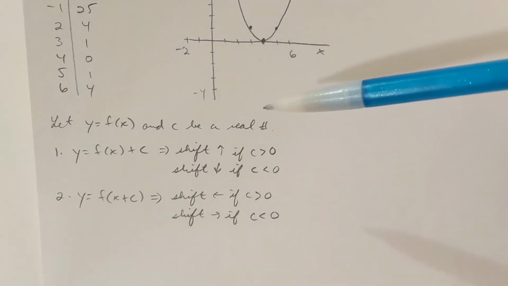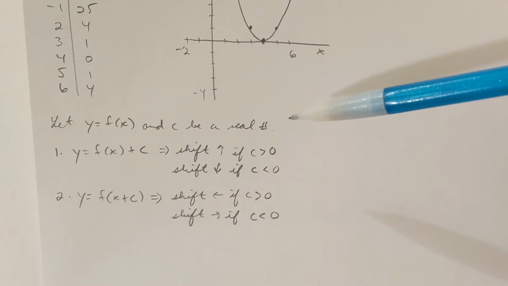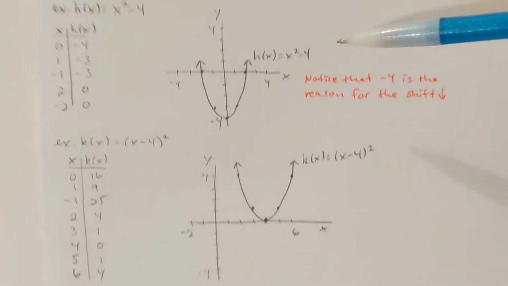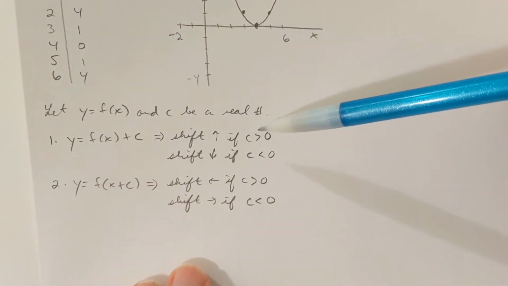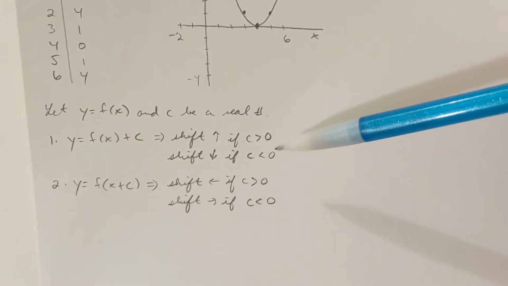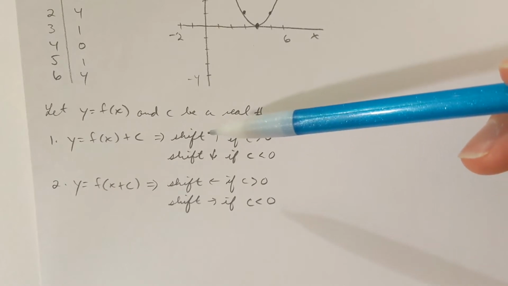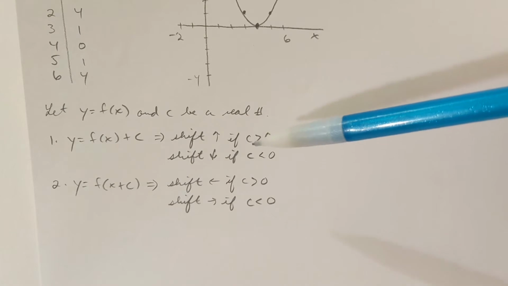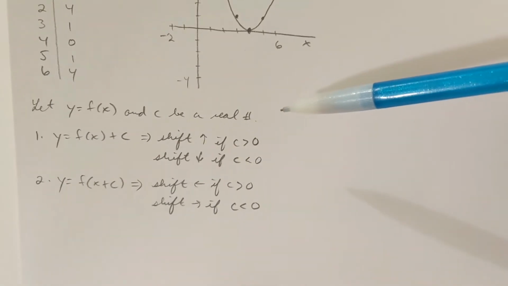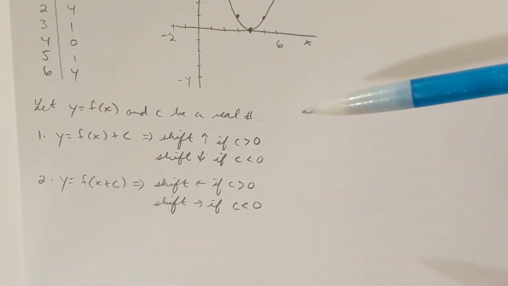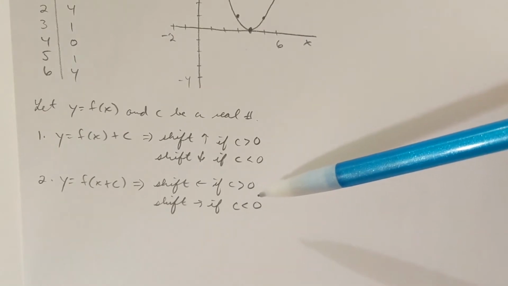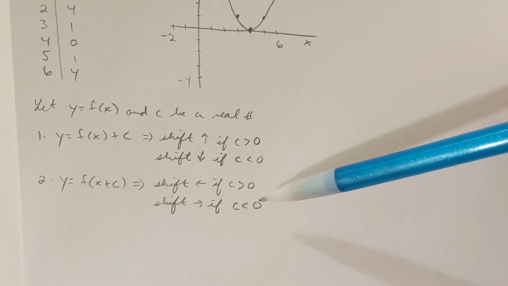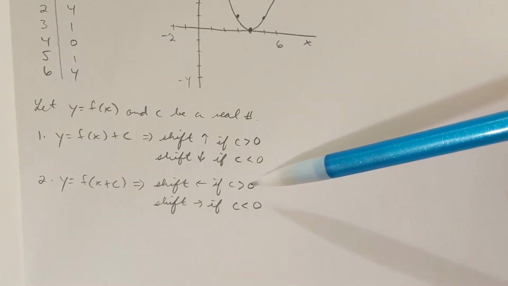Item 1, if y equals f of x plus c, like we had up here, then you're going to shift the graph up if c is positive and down if c is negative, just like we're shifting down if c is negative. Item 2, if y equals f of x plus c, quantity inside, then you're going to go to the right if c is negative, and you're going to go to the left if c is positive.